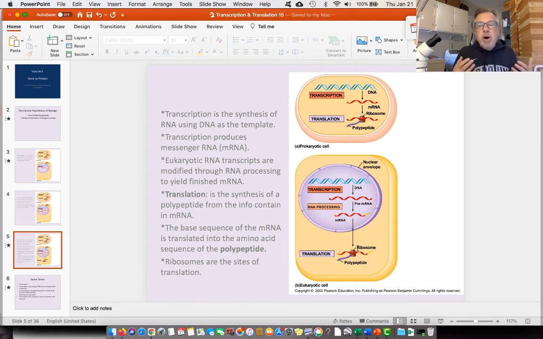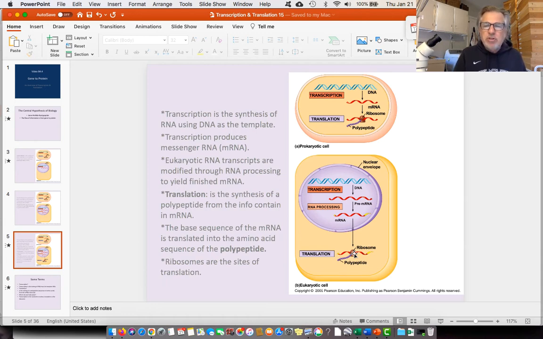And we should say right now that most of transcription creates messenger RNA, but there are other types that we've learned about. So we've also learned about rRNA, or ribosomal RNA, which is used to make the structure of the ribosome. So this organelle here is mainly made up of RNA. And we've also learned about tRNA, or transfer RNA, which carries the amino acids from the cytoplasm to the ribosome and makes sure the right amino acid is put in the right place during the process of translation.